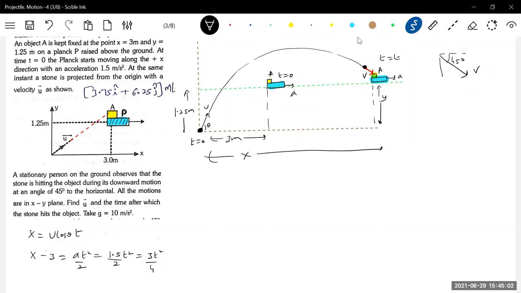Okay, let's take help of y. y coordinate. y is equal to u sine theta t minus g t square by 2. What is y? y is 1.25. u sine theta t minus 5t square by 2.